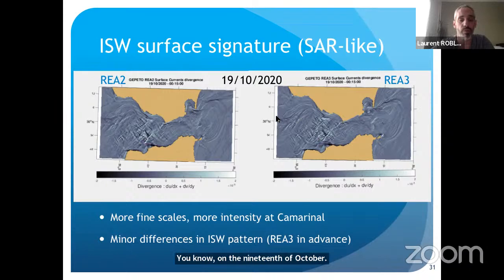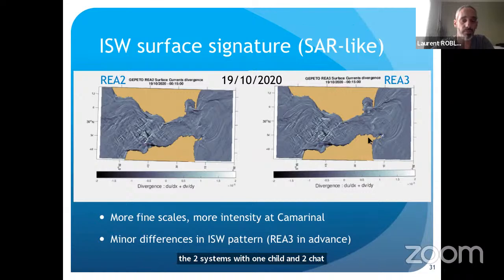And this figure illustrates the divergence of the surface current in the strait at the intermediate high resolution, which is about 180 meters.